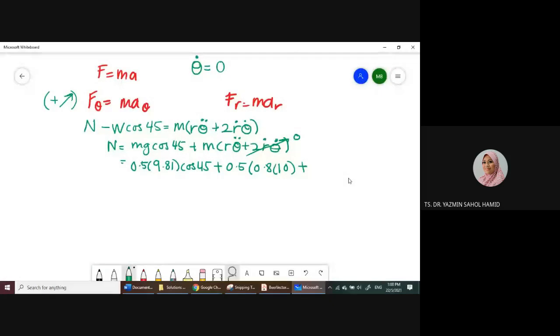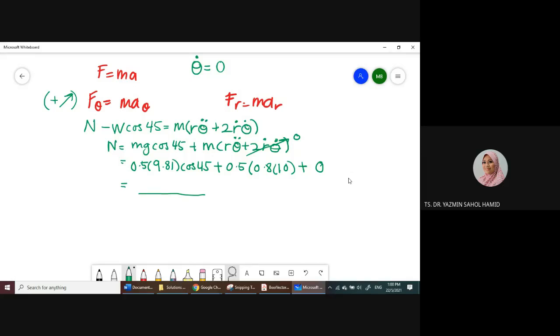So this one will become plus 0. Okay. So can you give me the answer? Can you calculate for me what is the normal force? All of you have a calculator.